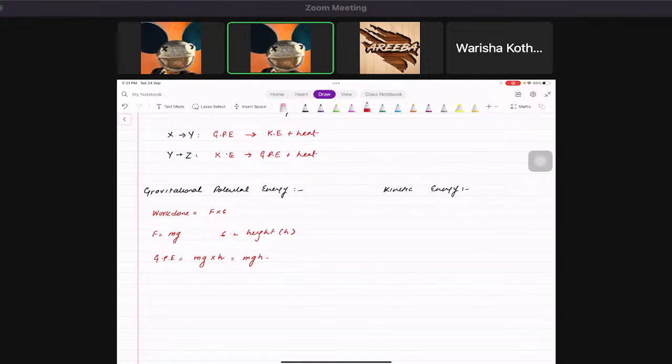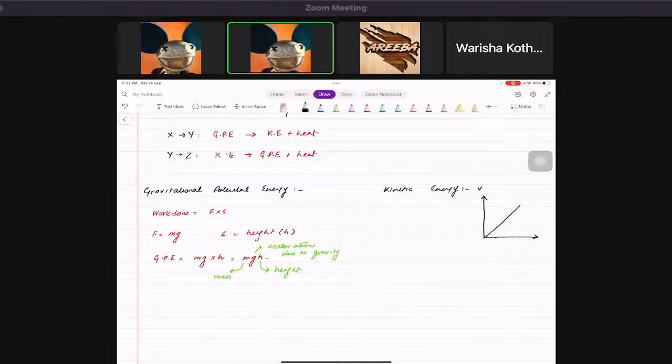So clearly, this is your mass, that's acceleration due to gravity, and that's the height. With respect to kinetic energy, suppose that we have a line like this.